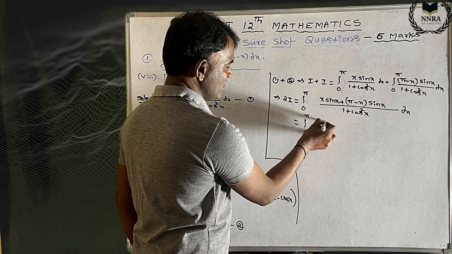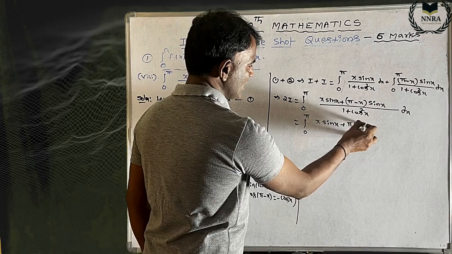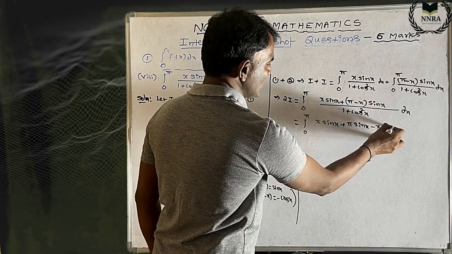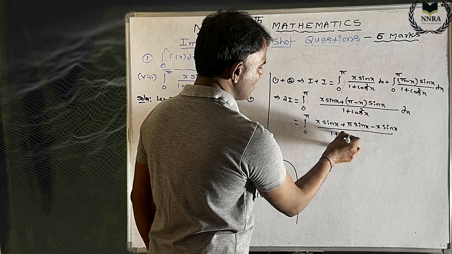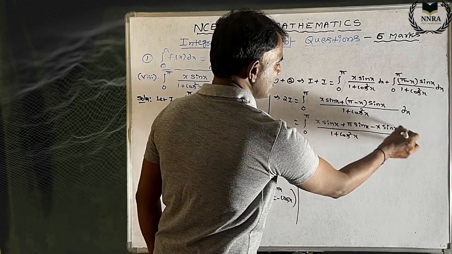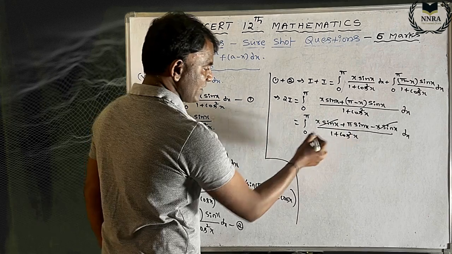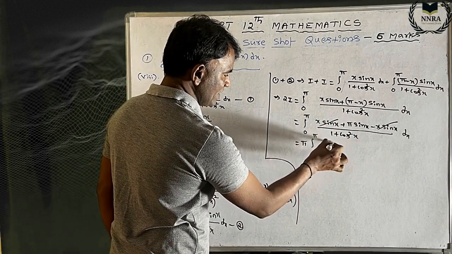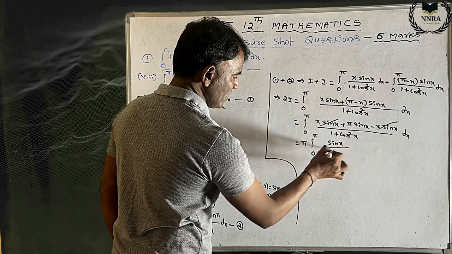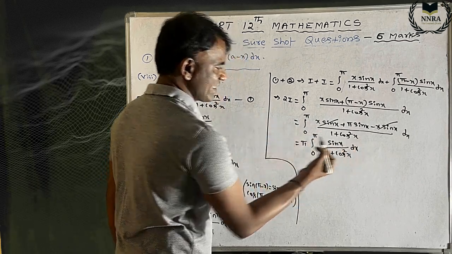What is that first term? x sin x, then pi into sin x, again minus x into sin x, and the denominator is 1 plus cos square x dx. Now both get cancelled. Now in this pi is constant, okay? So write outside. Then 0 to pi, sin x by 1 plus cos square x into dx.